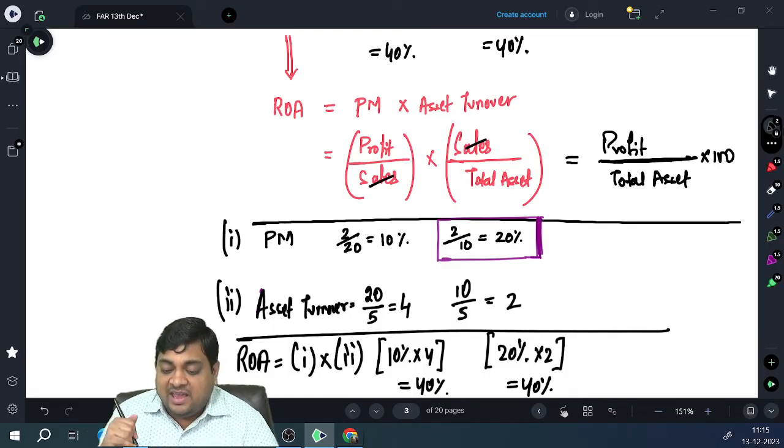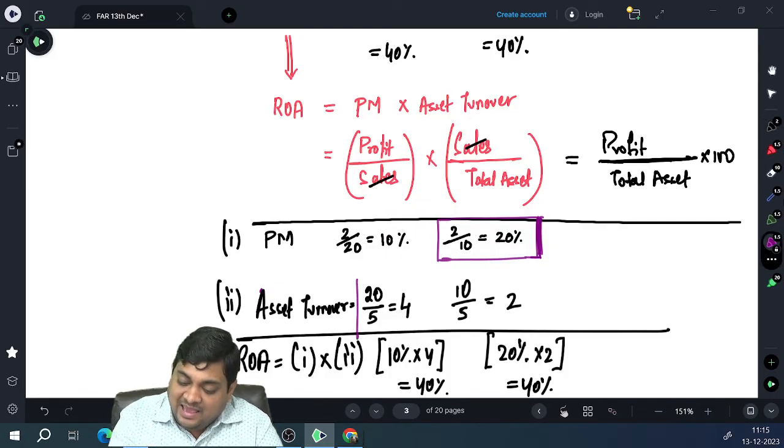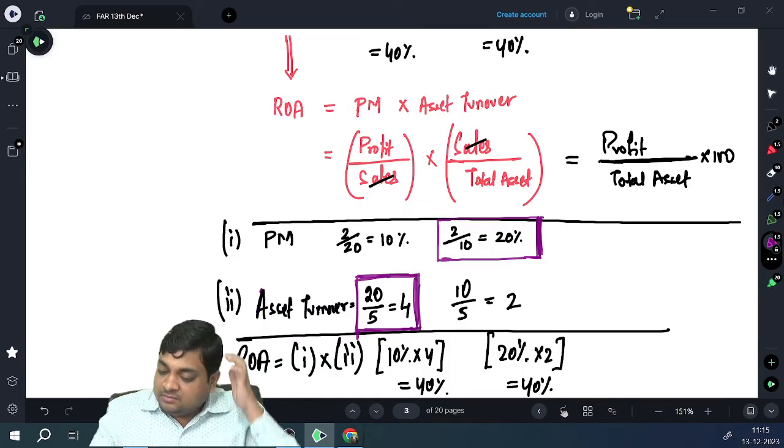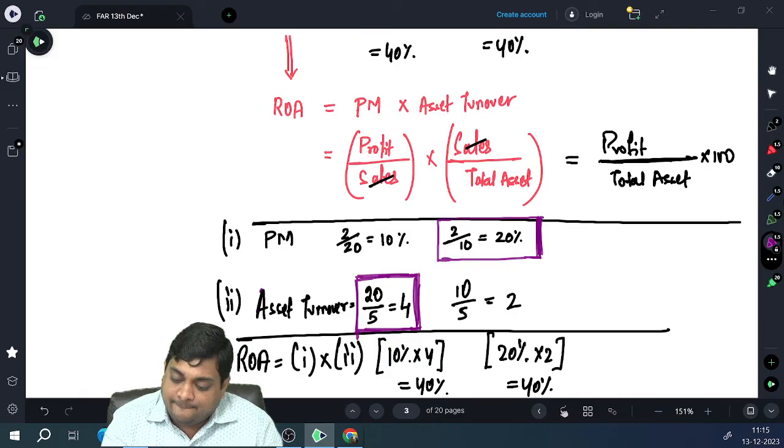For company B, its profit margin is better, and for company A, its asset utilization is better, right? So these things are very important for exam purposes, and accordingly they might give you 4 options, and you have to choose the best one out of it, right? I guess it's absolutely fine.